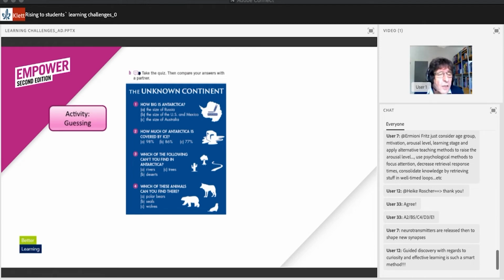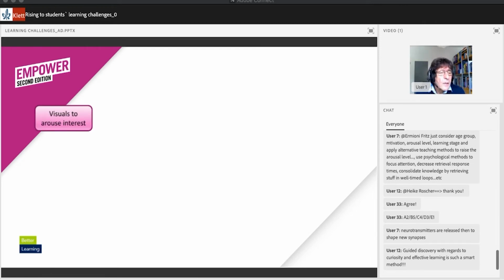Here's an example from the upper intermediate level of Empower. Learners are going to read an article about Antarctica. Before they do that, there is a quiz about Antarctica, so they establish what they know, what they don't know about it. And this arouses their curiosity to read the text and find out more about it.